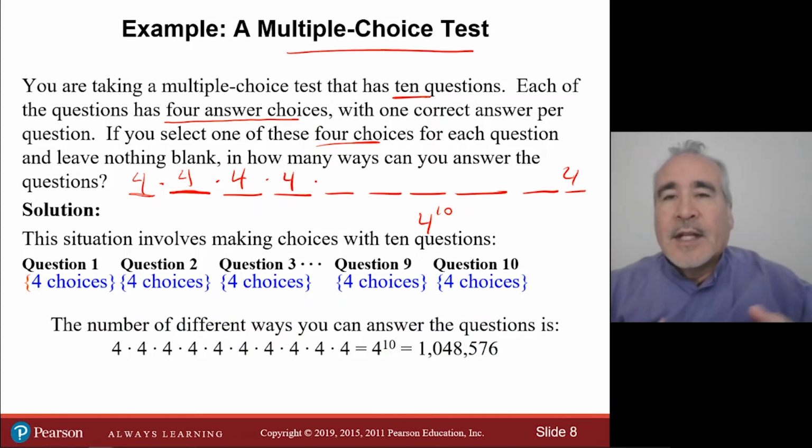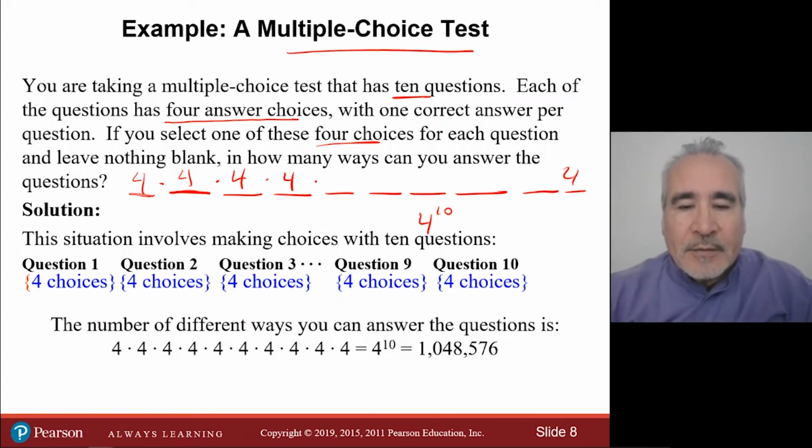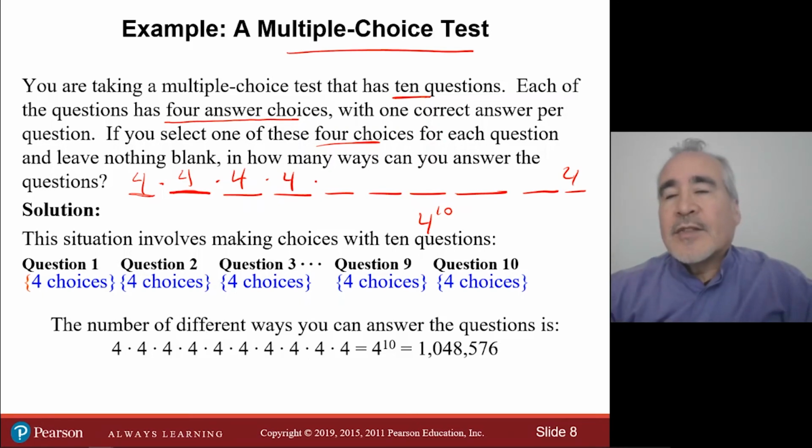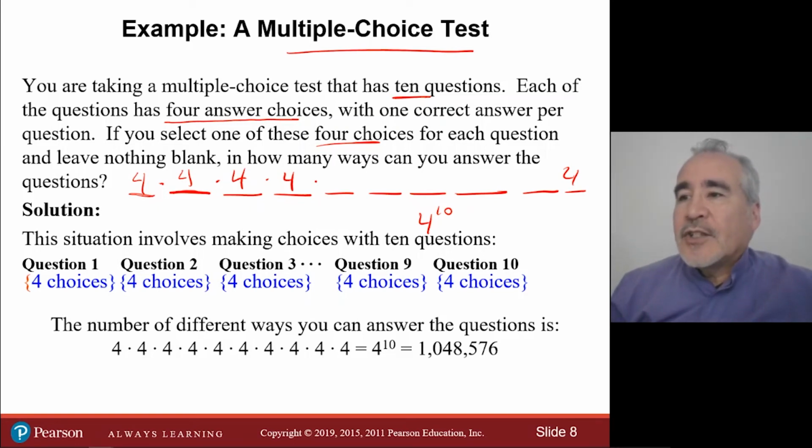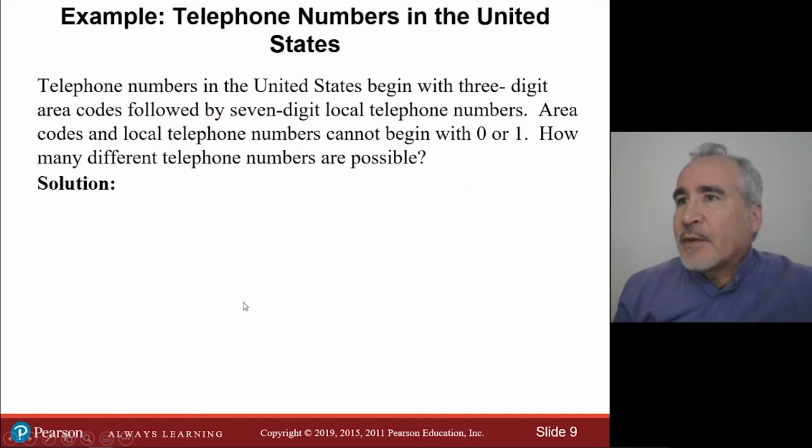Okay, so this is going to be in questions like for telephone numbers, how many digits are there? License plates, how many digits are there? And then how many choices do you have for each? Let's see if they do a license plate one. I can't remember. Yeah, here we go, telephone numbers.